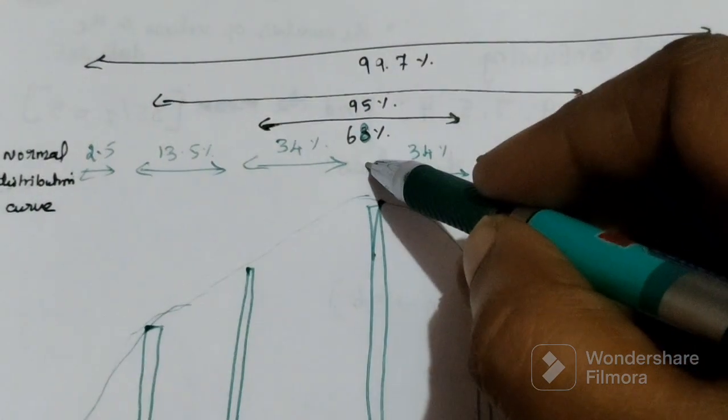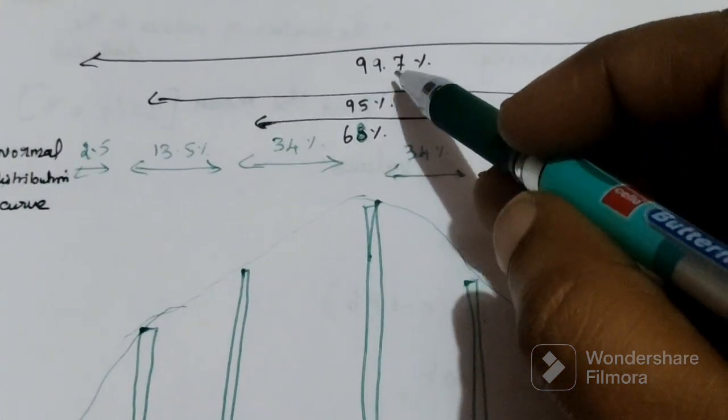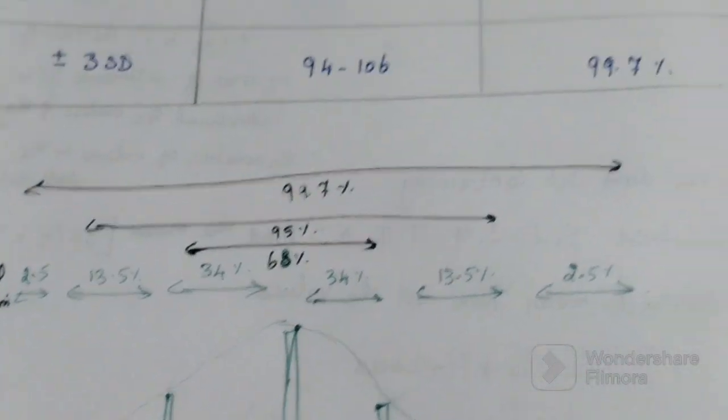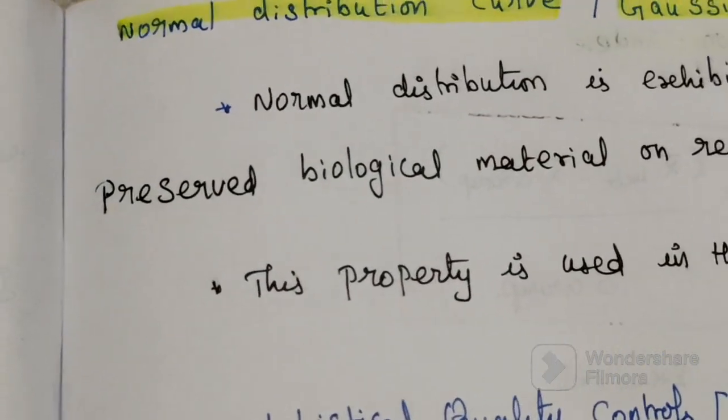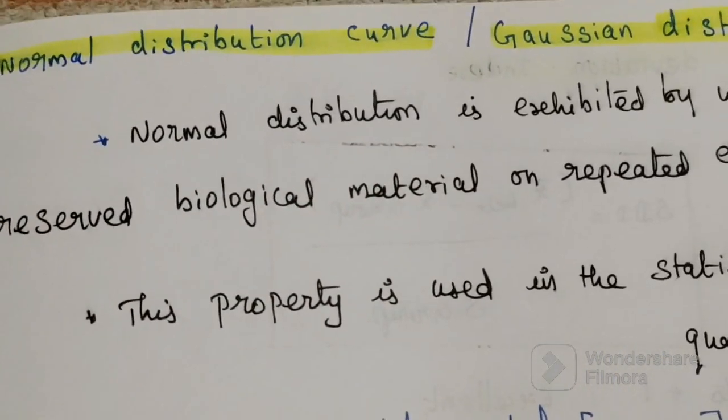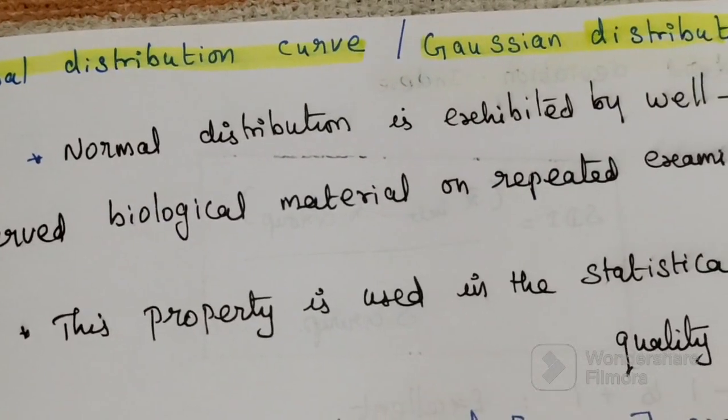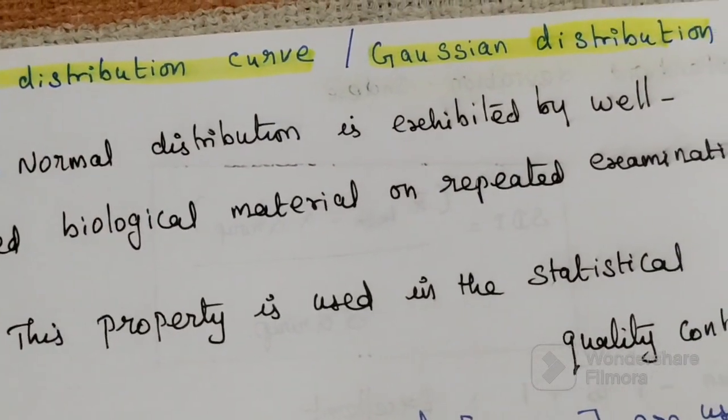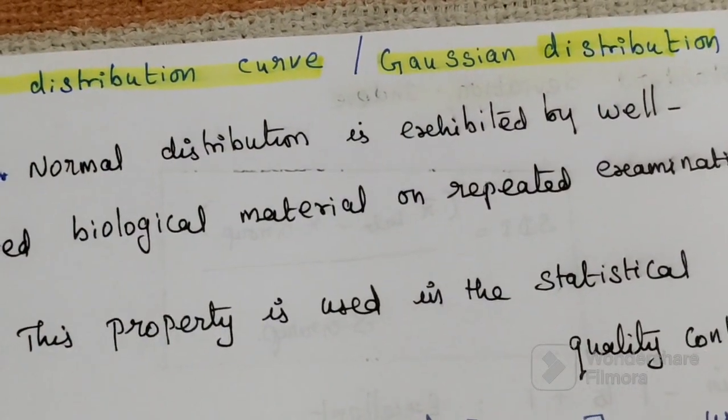So here 68 percent, 95 percent, 99.7 percent. The normal distribution curve is also called the Gaussian curve.